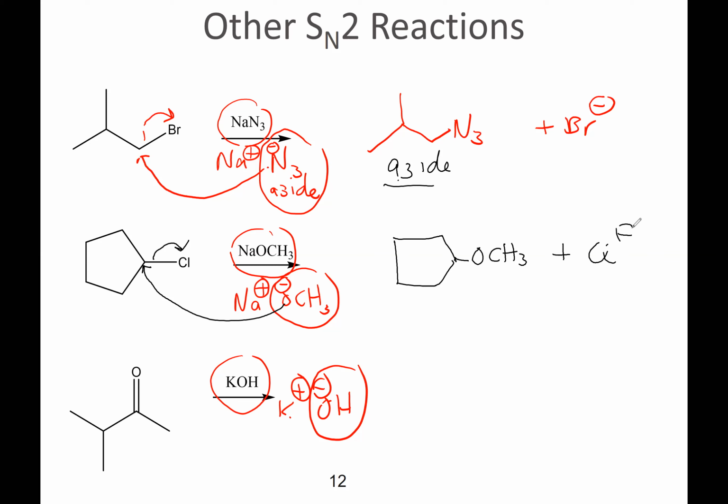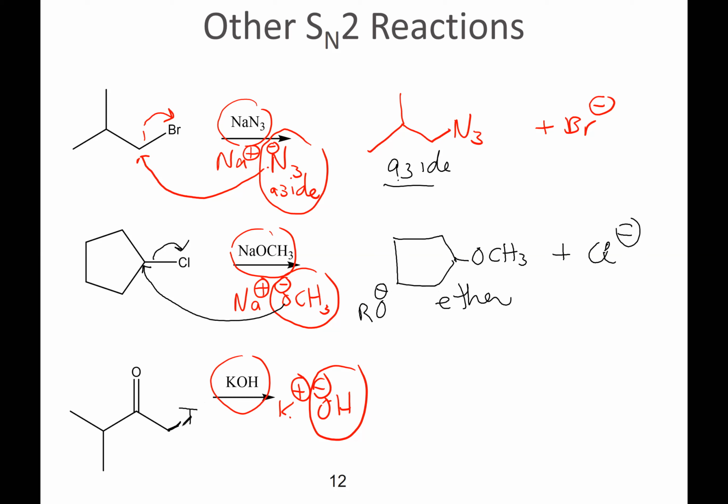Chloride is going to be kicked out. And this is an ether. This is an example of an ether. And so using alkoxide ions, or RO minus, you can form ethers.